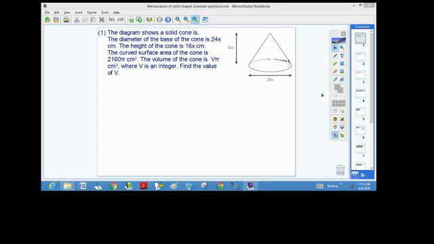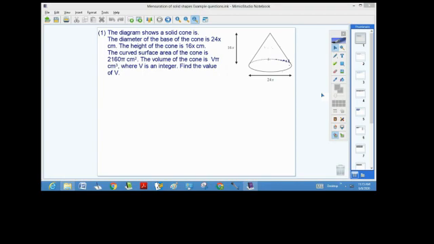So the shapes we are going to be looking at are the major solid shapes we have in mathematics, such as cube, cuboid, cylinder, cone, sphere, pyramid, prism, etc. These are some of the shapes we are going to be looking into to determine their volumes and their surface areas, and also some other parameters they have, such as the radius, the length, the height of such shapes.